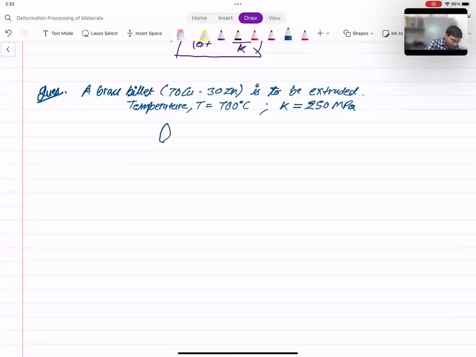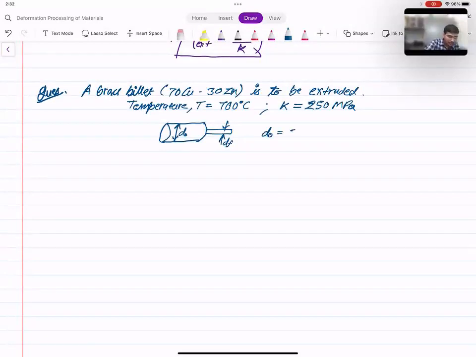So let us say a circular workpiece is being extruded, something like this. So this is D naught, and this is DF. Okay. So we are given the values of D naught and DF also.